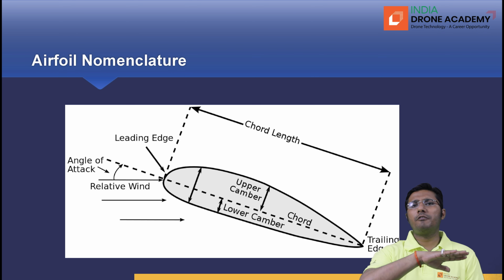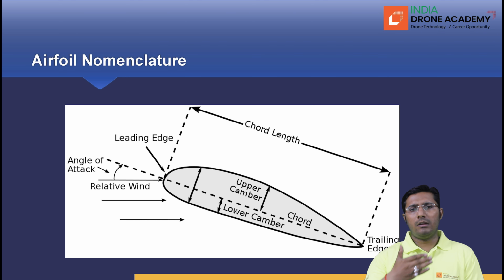Camber is basically a curvature, we can say. If you cut the symmetric airfoil exactly into two, it will get divided into two equal halves from the mid. However, with the cambered airfoil, if you try to cut this into two equal halves, it won't work, because you will find that the two sections are not symmetric.